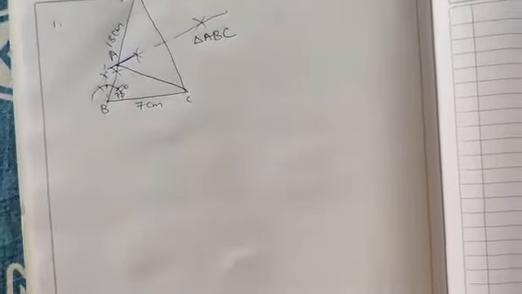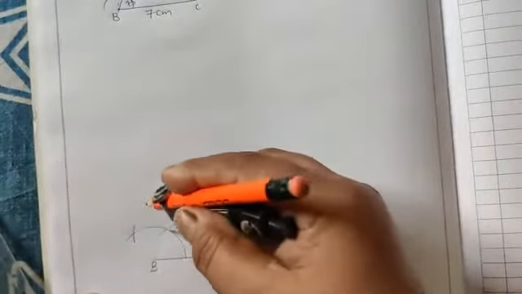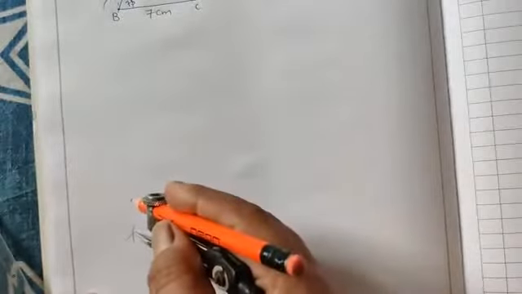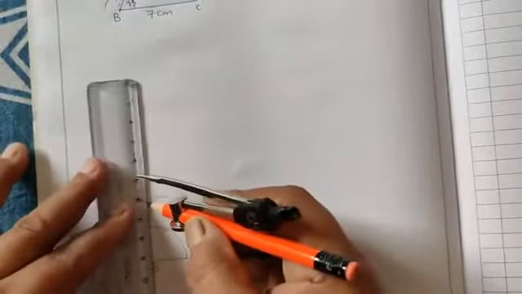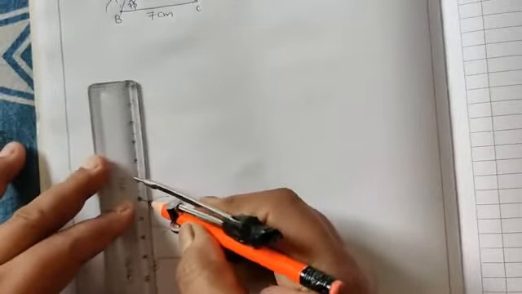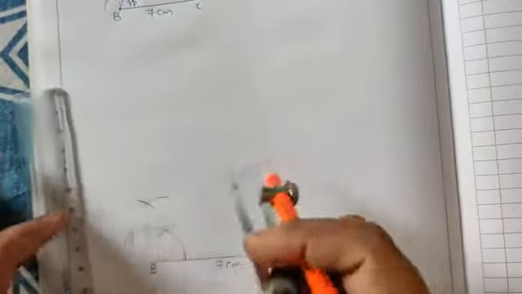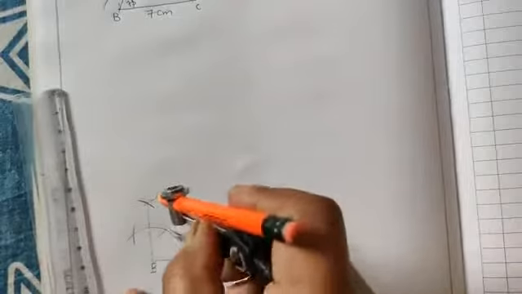Now make an angle B equal to 75 degree. Angle of 75 degree. This is 90 degree and now 75.